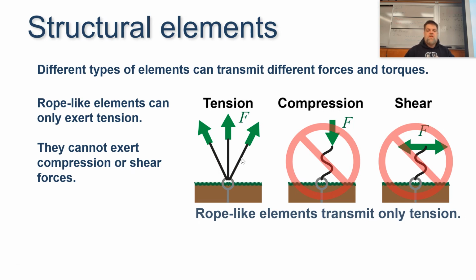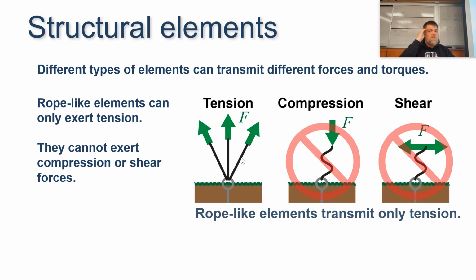Now, some structures, and you don't have to write this down, just look at the screen. Ropes and cables are good with tension. All right? So that bridge that we watched at the beginning, it had steel cables for sure. But you could see the steel cables were swinging all the time.